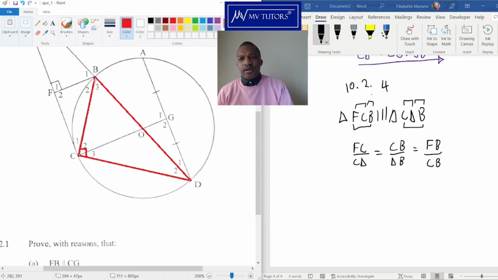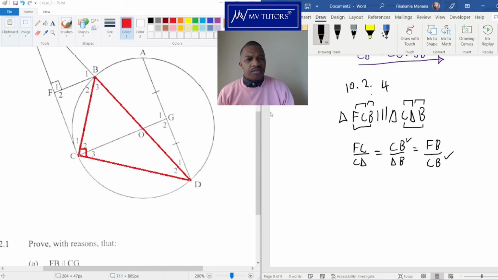We want CB, so we're going to look for the ones with CB. Let's see CB there, CB there. So we're going to take these two, and if we cross multiply them, we'll get that CB squared, because it's two of them, is equal to DB times FB. Okay, why did we just do that?